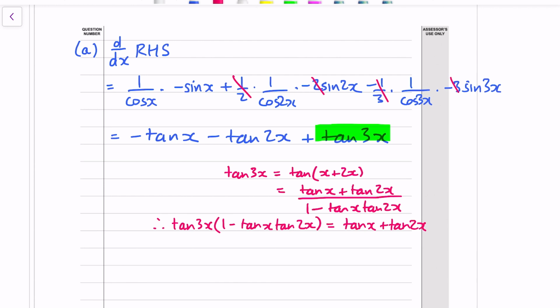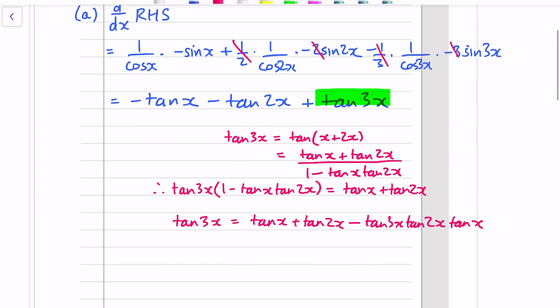then we can see that tan of 3x equals tan x plus tan 2x minus tan 3x, tan 2x, tan x. Okay, so that's what I'm going to replace.